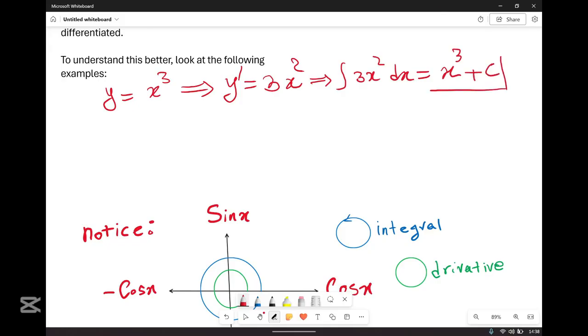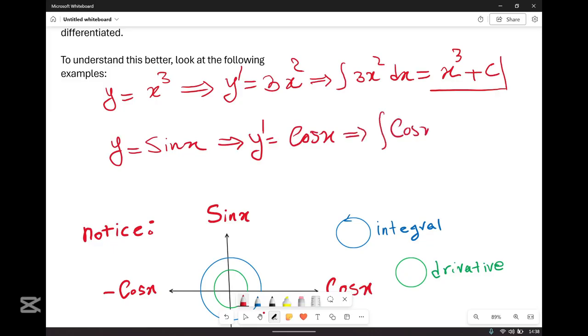Another example: your function is sine x. If you calculate the derivative, it is cosine x. So the integral of cosine x dx is exactly sine x plus c.